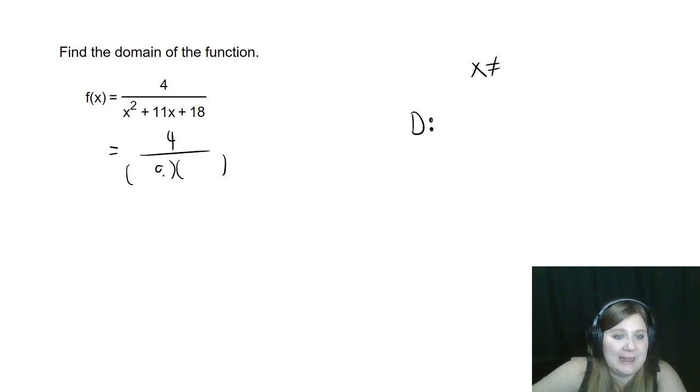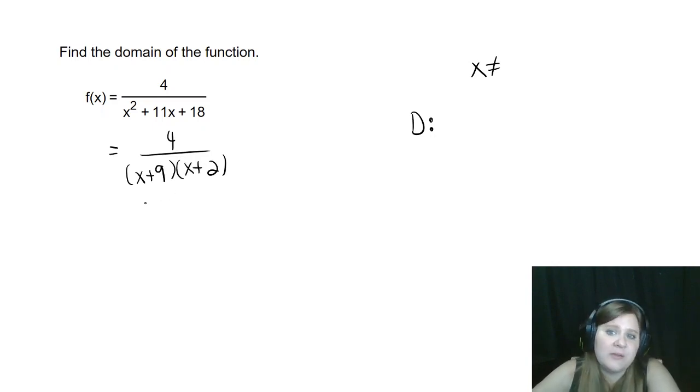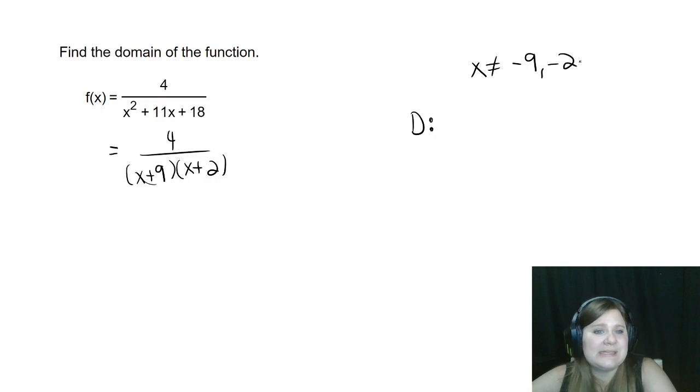Well, I think 9 and 2 fit that bill. So I have x plus 9 and x plus 2. Now, my problem is that I can't have anything that makes the denominator 0. Negative 9 causes a problem here. Negative 2 causes a problem here. So x cannot equal negative 9 or negative 2.